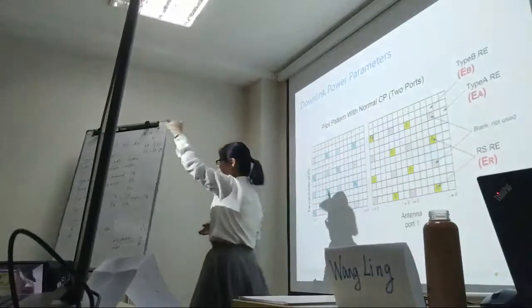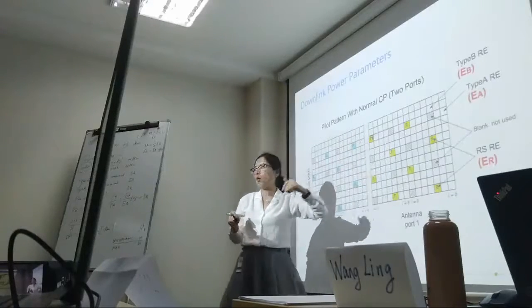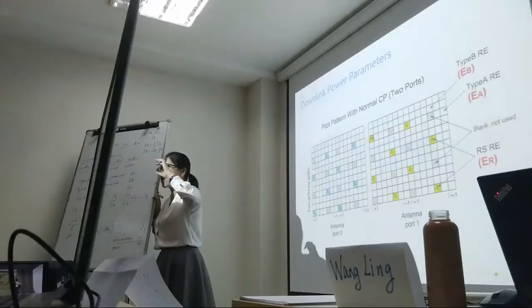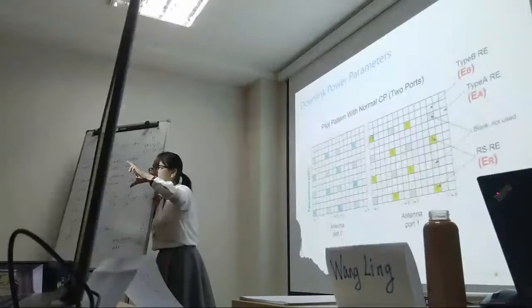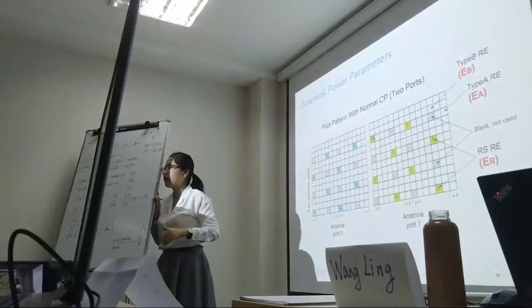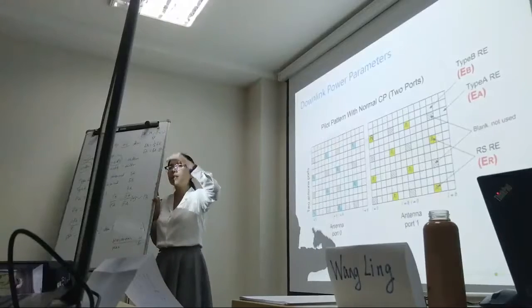Because for the total bandwidth, for type A and type B symbols, the RB number is the same, we only need to calculate one RB symbol's power.